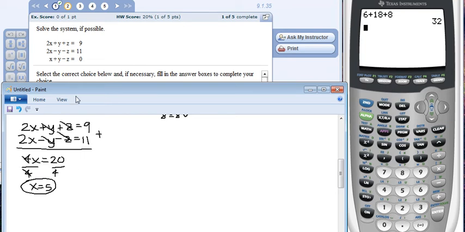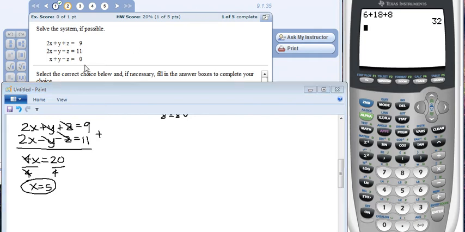Now I'm going to take any other 2. So I'm going to take either the bottom 2 or the first and the third, and I'm going to add those. But I have to drop. What do I have to drop here? I have to drop my y terms, don't I?